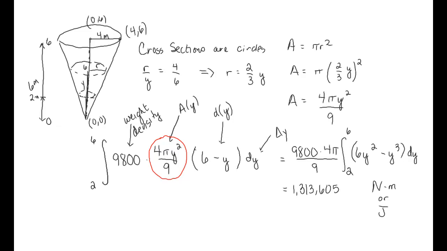I'm not surprised that that answer is so large, because if you think about it, we roughly have 1,000 here times 4 pi on the outside. So the outside factor is about 12,000, or at least on the order of 12,000. And then you're multiplying by the value of that integral, which has a cubic and a quadratic function in it.